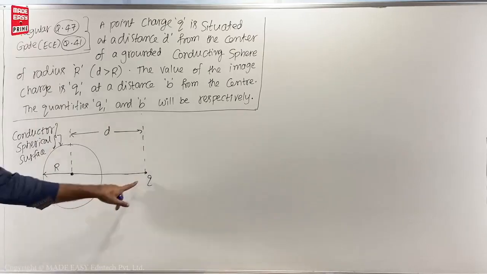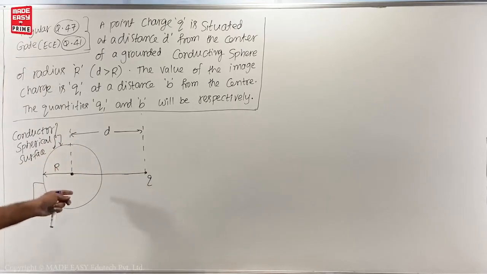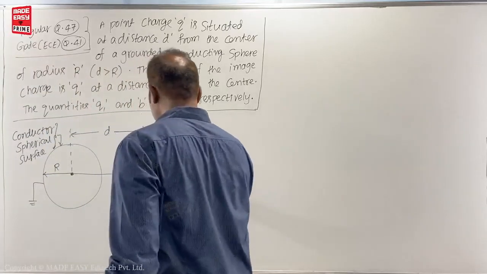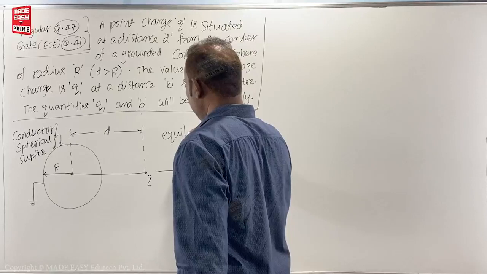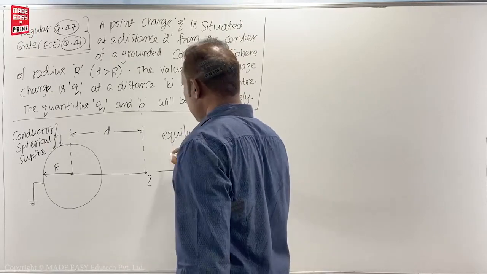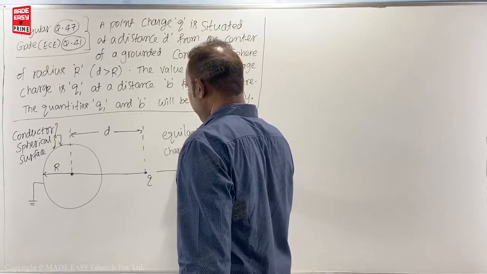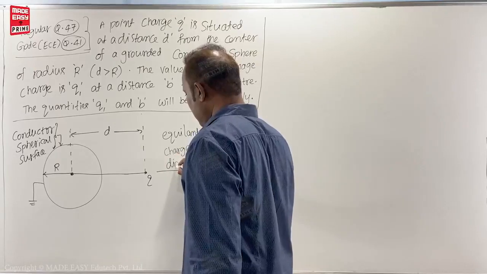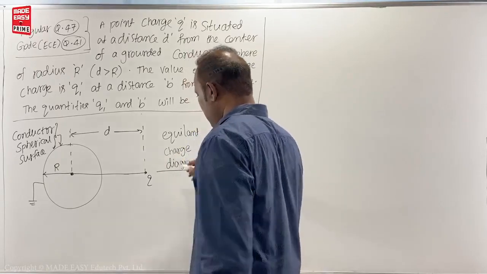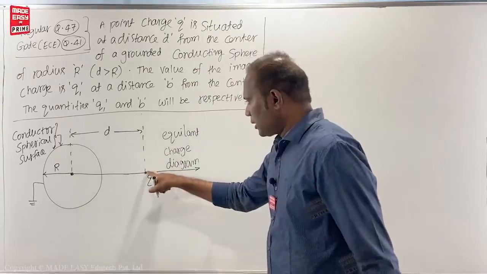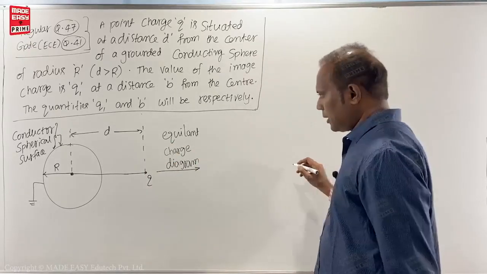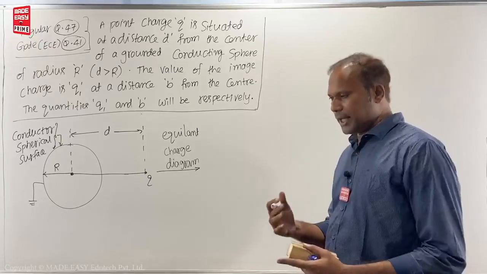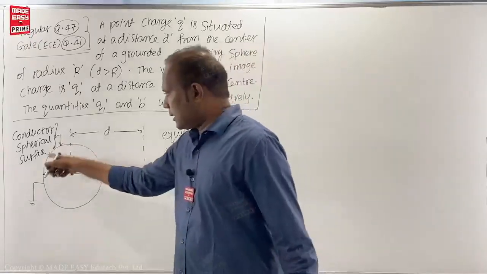Now if any charge is near the conductor surface, then you have to draw the equivalent diagram. So what is the equivalent charge diagram? Students, put the charge itself. For example, we will go like this. What is this?